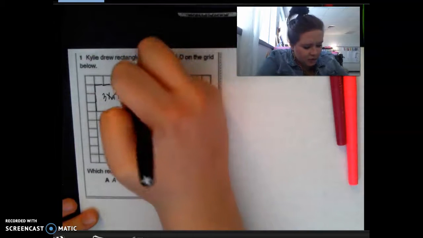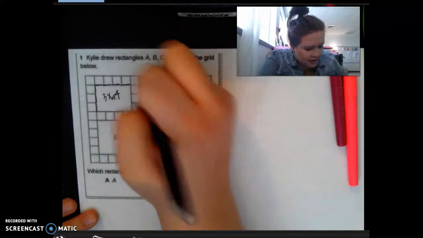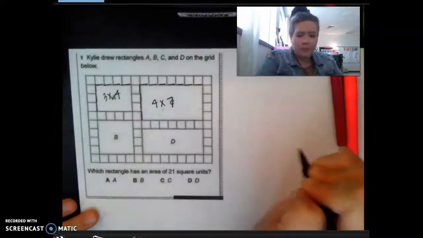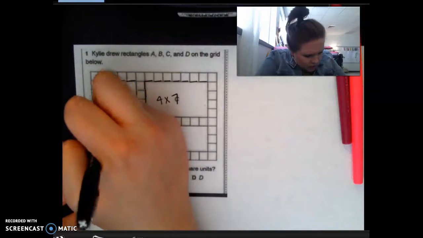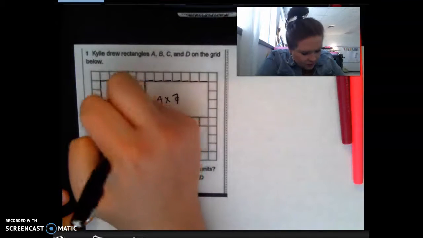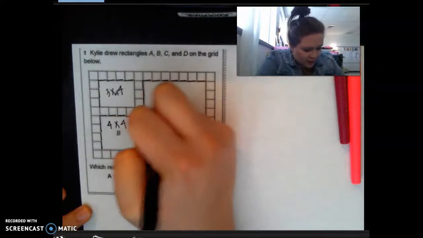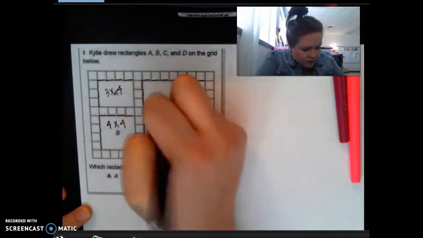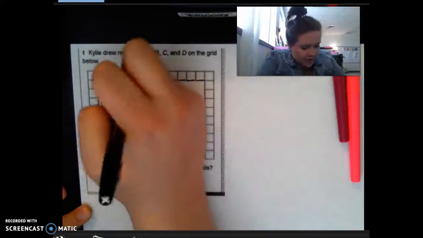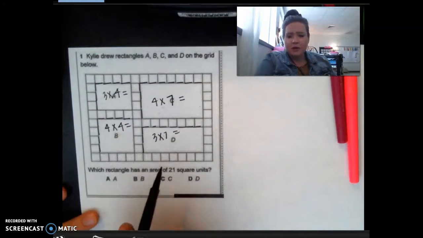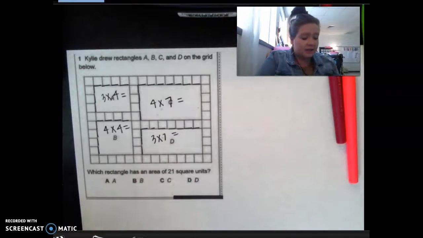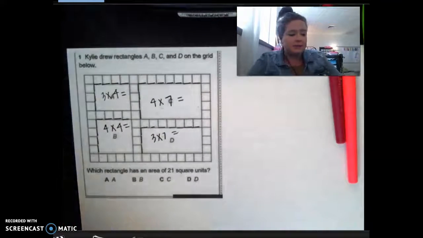This would be 1, 2, 3, 4 times 1, 2, 3, 4, 5, 6, 7. This would be 1, 2, 3, 4 times 1, 2, 3, 4. 1, 2, 3 times 1, 2, 3, 4, 5, 6, 7. Okay? So that is how you would find the area of this one. Okay, that's how you would solve this problem. You have to find the area of each one and then determine which one has an area of 21 square units. Okay?